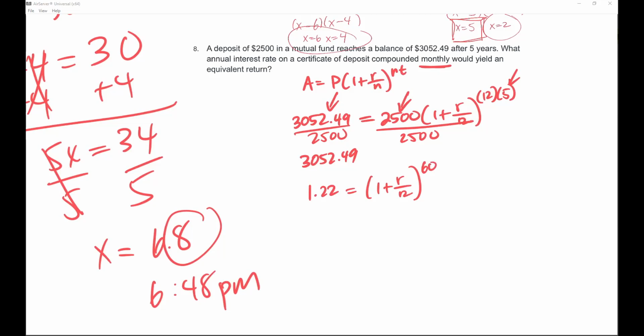Now I need to break this exponent. The way to break the exponent is to take the 60th root of both sides. That way I get rid of the exponent. It's a free-for-all for that variable. So let me get the calculator here.